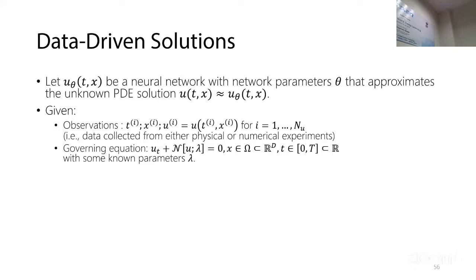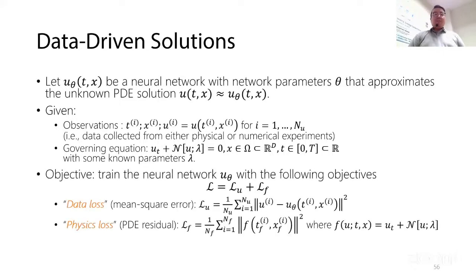And then, another thing that must be given for the data-driven solution problem is the equation, including the parameters. Actually not some, but the entire set of parameters must be given so that you can define the physics informed loss term, right? Those two are the most crucial things to define the loss term for the training of PINN.